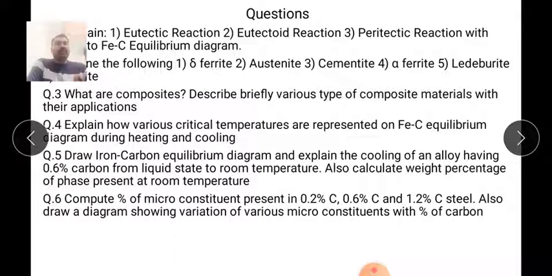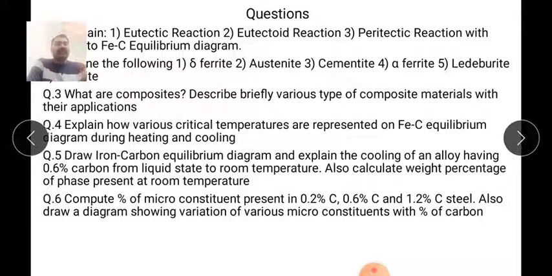The points at which the vertical line intersects will be represented by temperatures T1, T2, T3 and so on. By using those temperature points, we have explained the different phases occurring while cooling from higher temperature to room temperature.